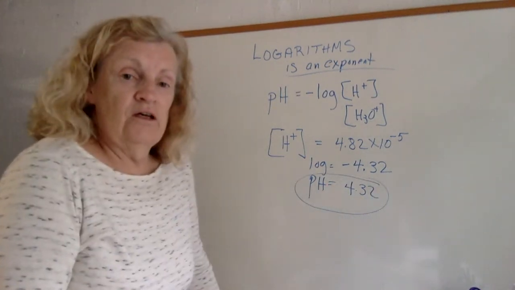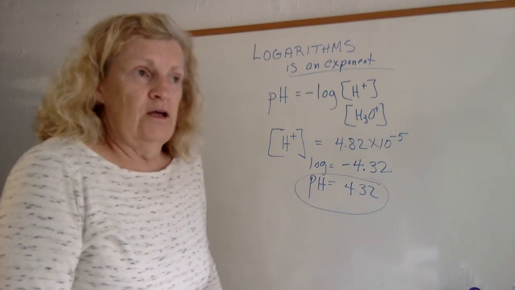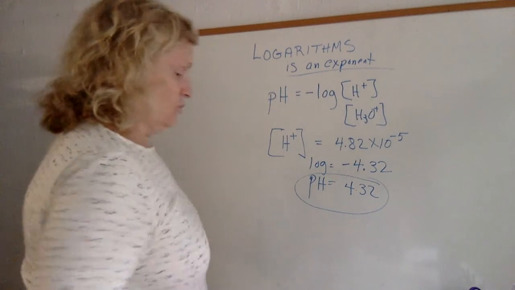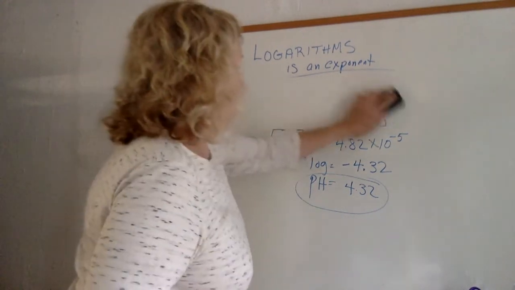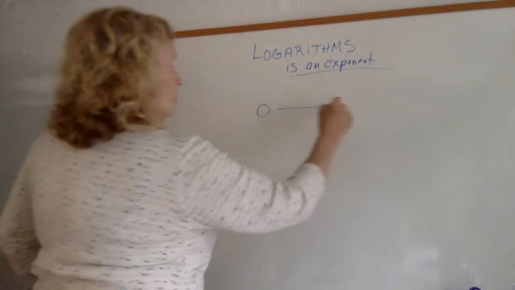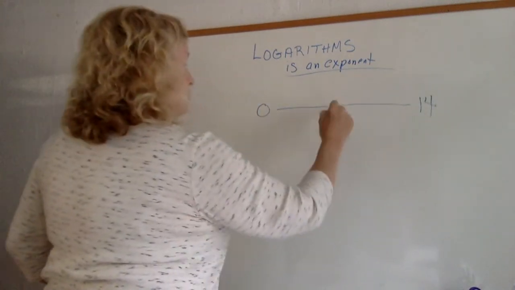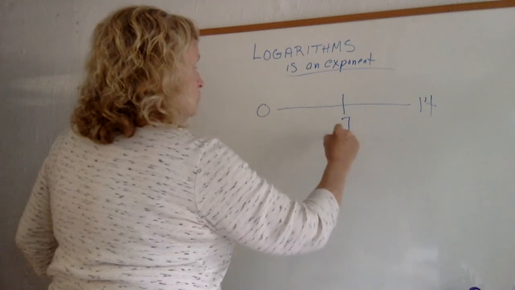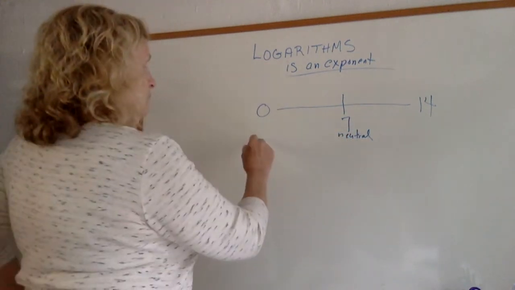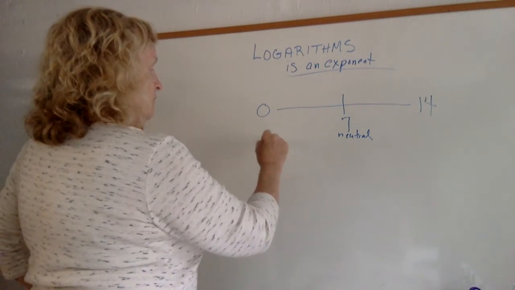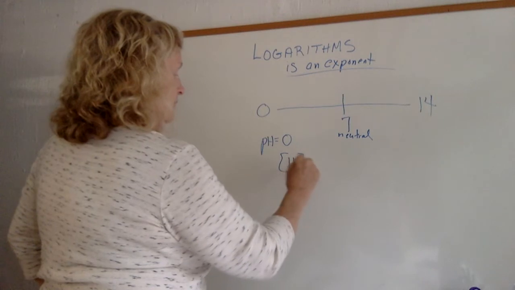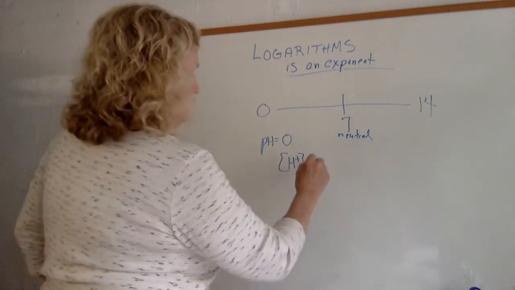And as I said in a longer video dedicated to the pH scale, the pH scale runs from 0 to 14, where right in the middle, 7 is neutral. If you have a pH of 0, then the hydrogen ion concentration, anything raised to the 0 power, is 1.